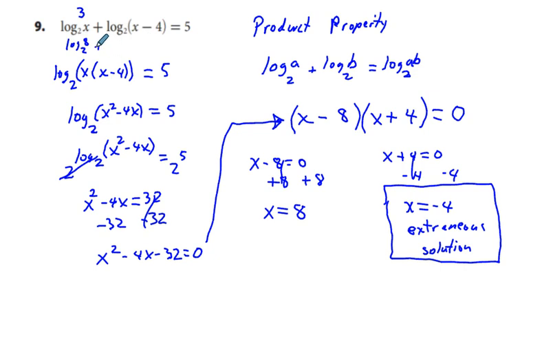And for the other term, we have log base 2, and we have 8 minus 4, which is 4. So what power do we raise 2 to equal 4? Well, that's going to be 2. So of course we get 5 here, so that checks out. So x equals 8 is what we call a real solution.